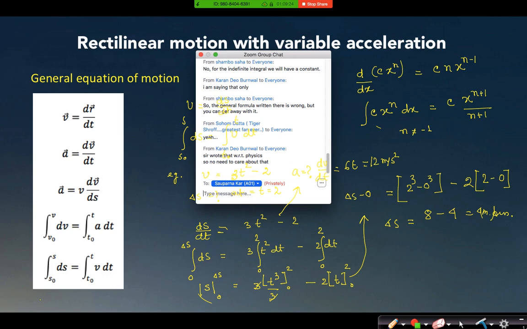That is why it is always needed to put the constant if you are doing an indefinite integration, meaning if you are not putting the limits. Otherwise you have to put the limits, and even if you do not put the constant in this definite integration, you are correct.